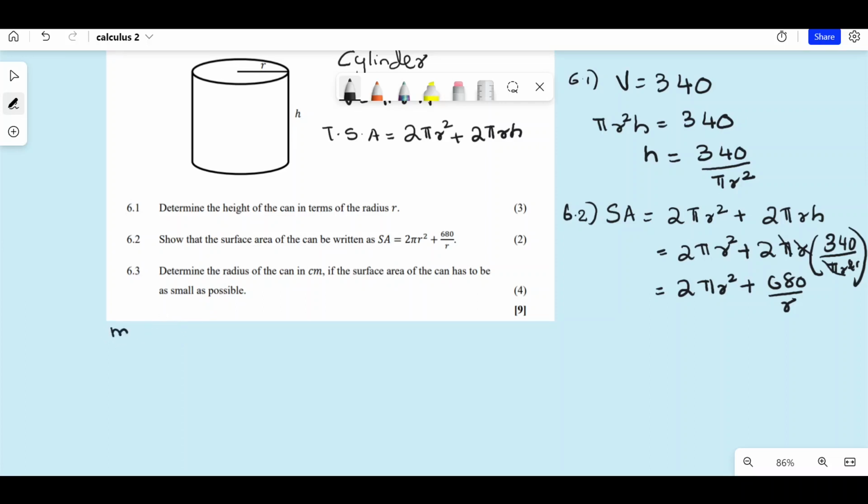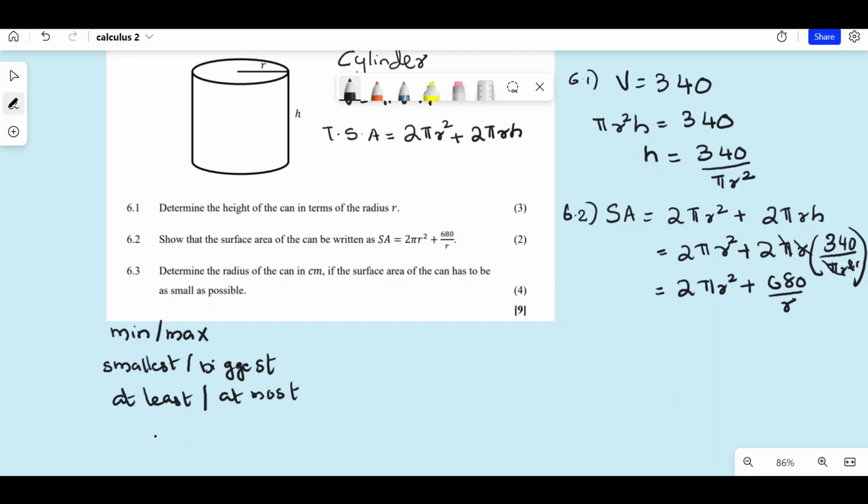They can directly say minimum or maximum. Some questions say smallest or biggest. That is also maximum or minimum. Or some questions will say at least, or at most.